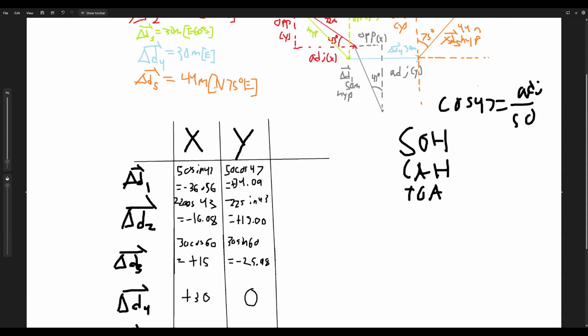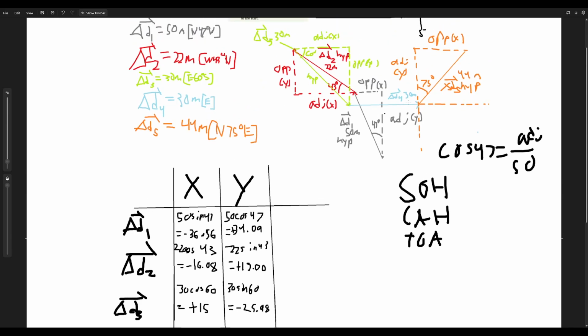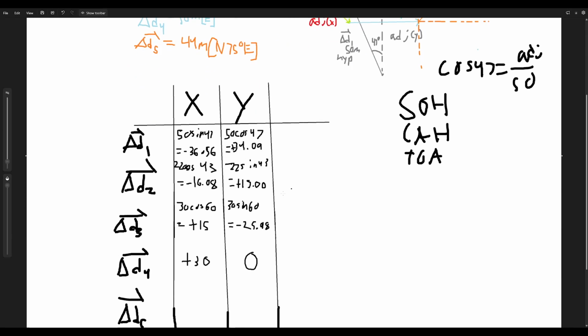Final displacement, displacement 5, 44 meters north, 75 degrees east. Our hypotenuse is 44 and our angle is 75. Our adjacent is how much we moved in the y, and our opposite is how much we moved in the x. If we're going to solve for adjacent, we use cosine again. So we would do 44 cosine 75 for our adjacent.